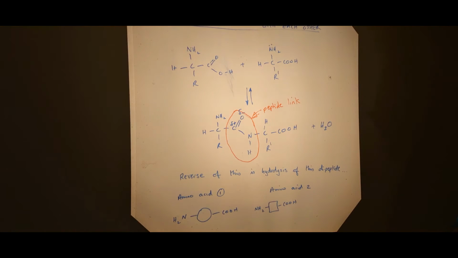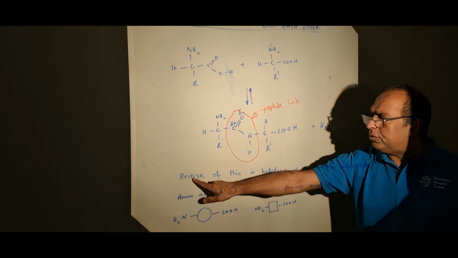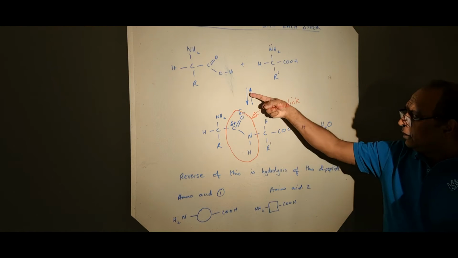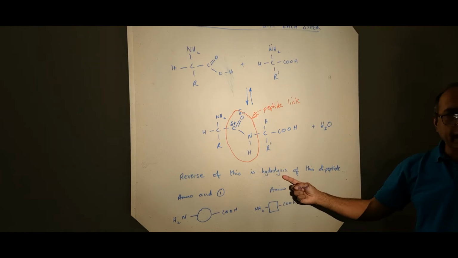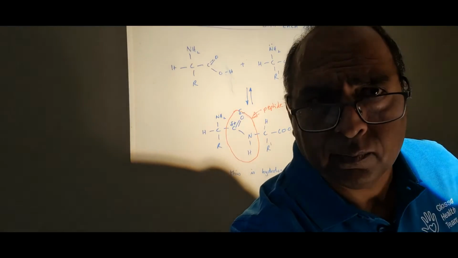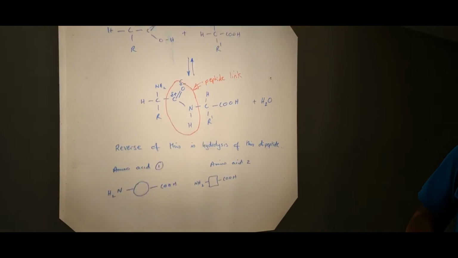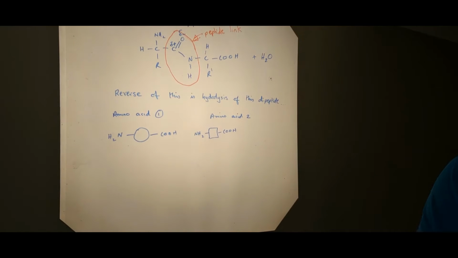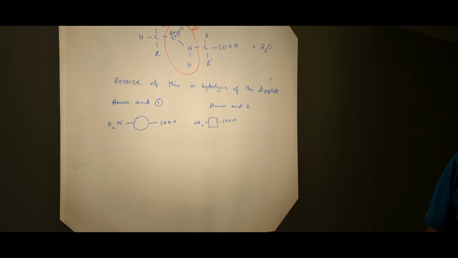So to start the lesson, I talked about this last time, and I want you to know that the reverse of this, the equilibria going backwards, is hydrolysis. And the hydrolysis, I want to just take you through because it's an important reaction.